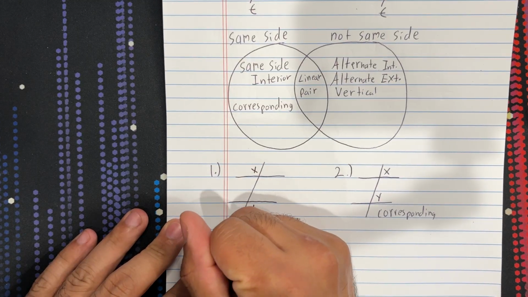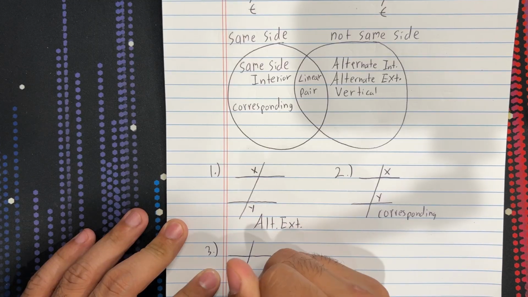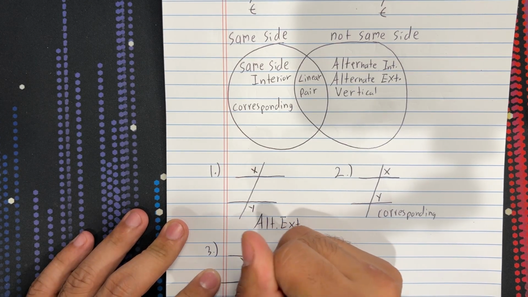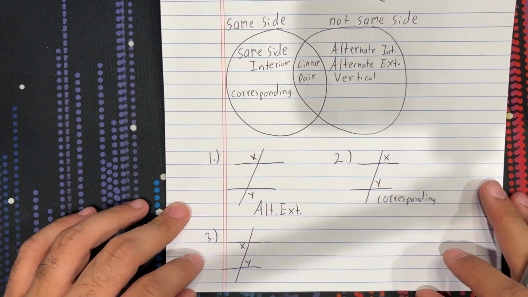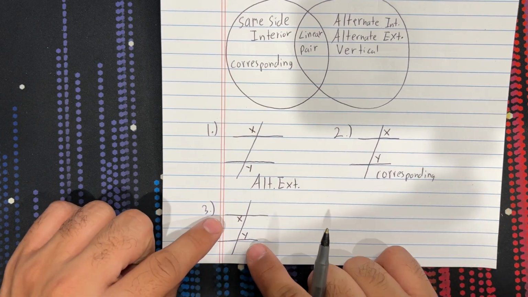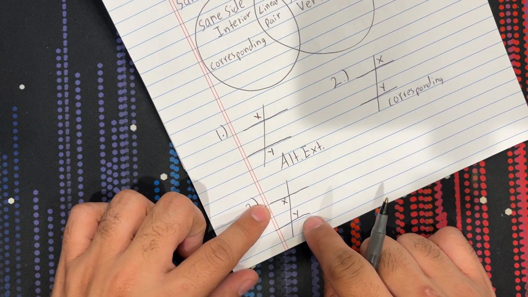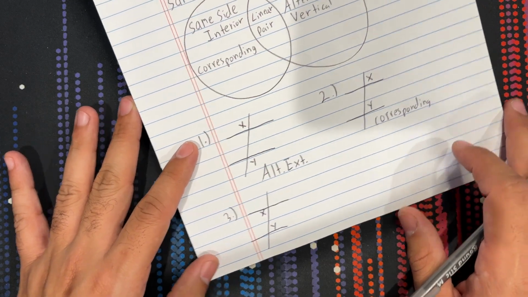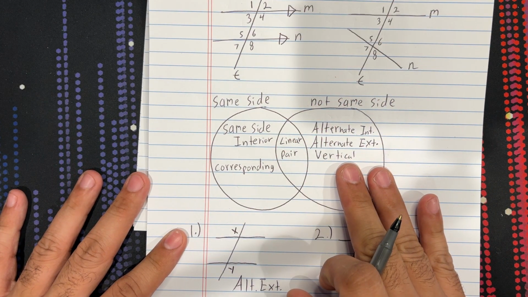For our third choice here, note that the left and right is where X and Y are located right now. One's on the left, one is on the right. They are not on the same side. Therefore, we have 4 options for our vocabulary term here.